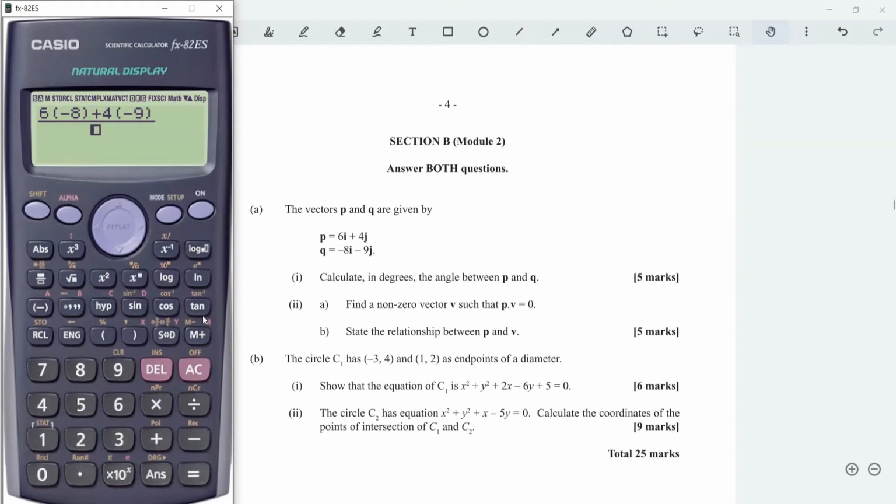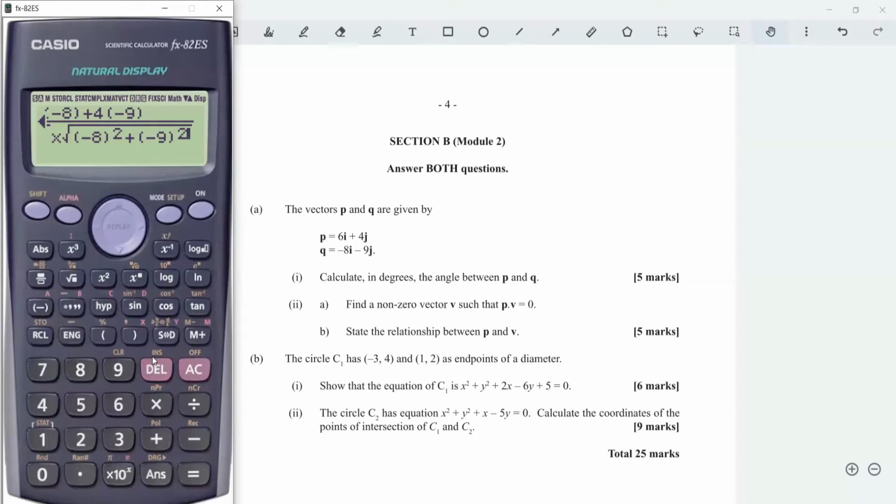Then we divide that by the square root of 6 squared plus 4 squared, and then it was being multiplied by the square root of minus 8 squared plus minus 9 squared.